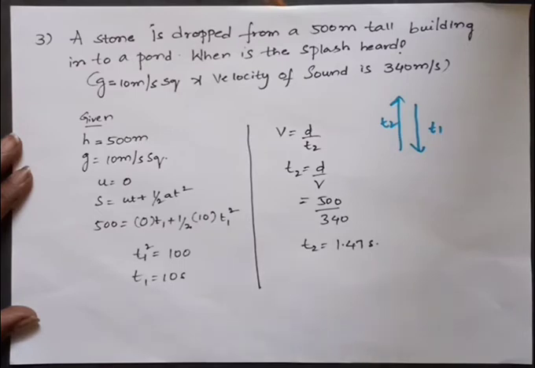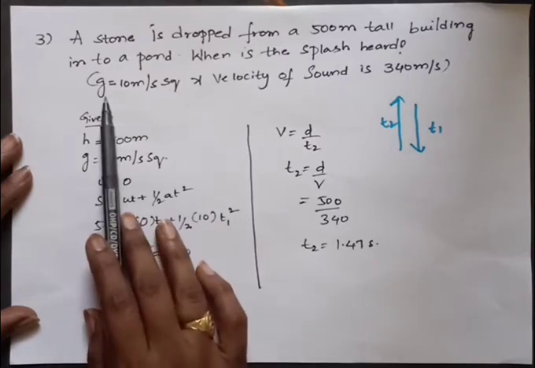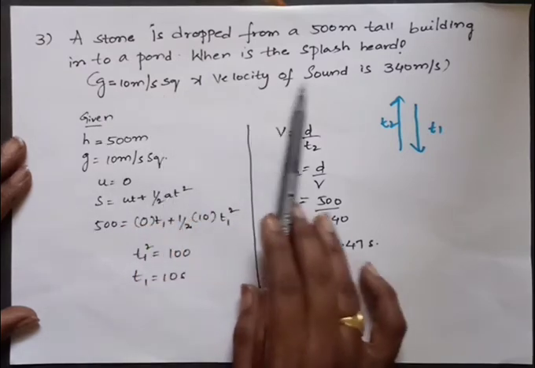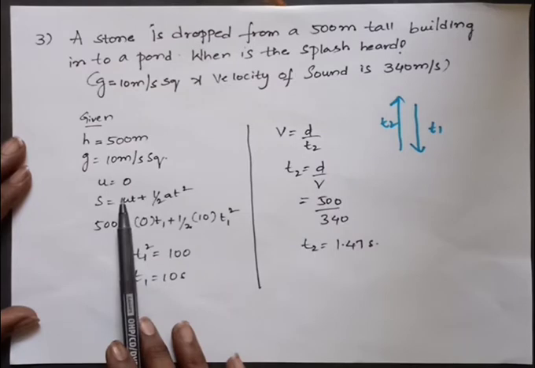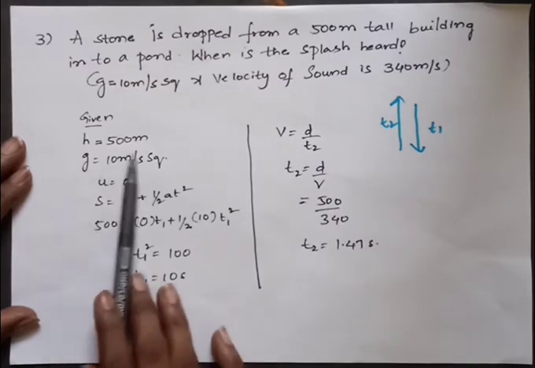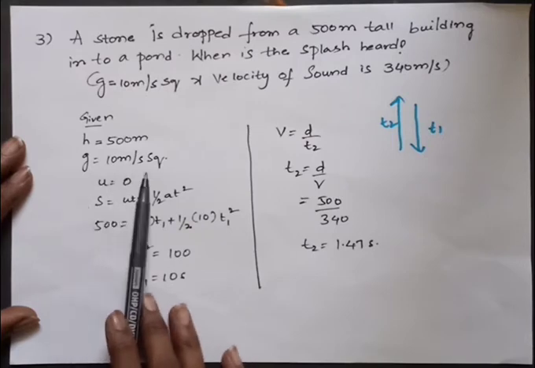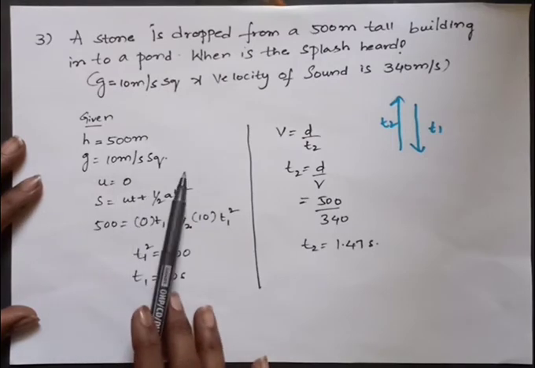So when is the splash heard? Here the given things are g = 10 m/s² and the velocity of sound is 340 meters per second. The height of the building is 500 meters and acceleration due to gravity is 10 meters per second squared.